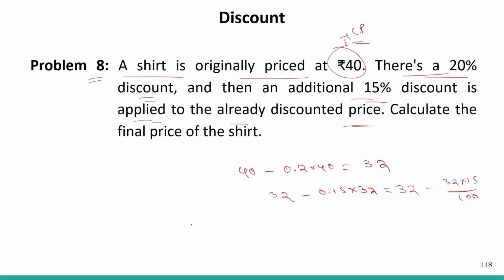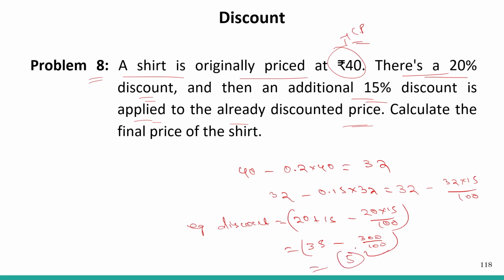Okay, by successive discount method, the equivalent discount will be 20 plus 15 minus 20 into 15 by 100. So this is equal to 35 minus, so this will be 300 by 100. So this is 3, so it will be 32.